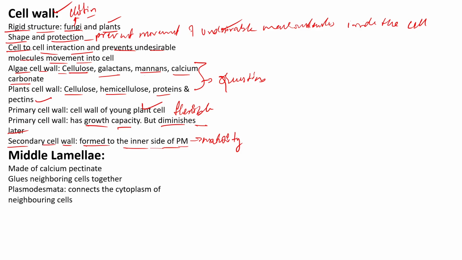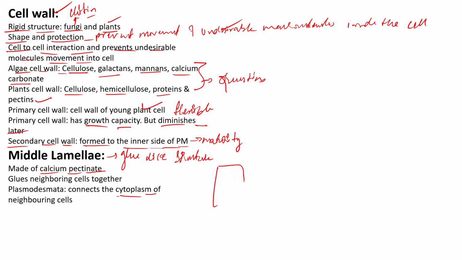So we have the last concept over here, that is the middle lamellae. Now the middle lamellae is mainly a glue-like structure, and this structure is mainly made up of calcium pectinate. Now in some plants, the neighboring cell cytoplasm may be connected directly.